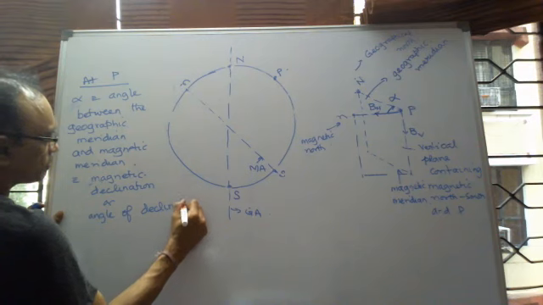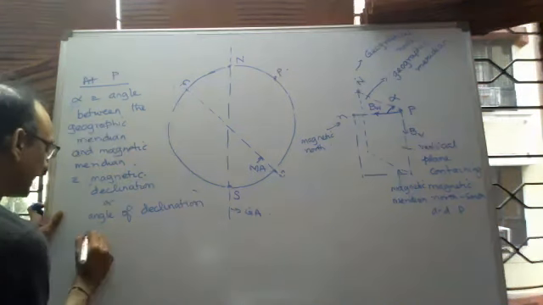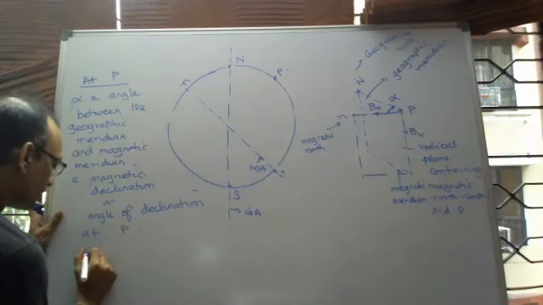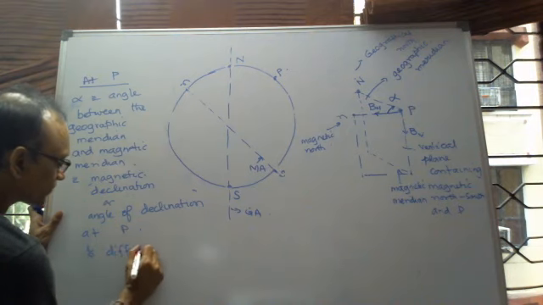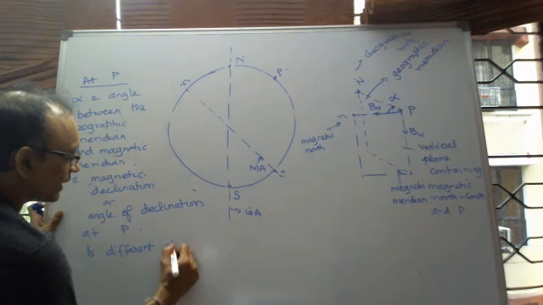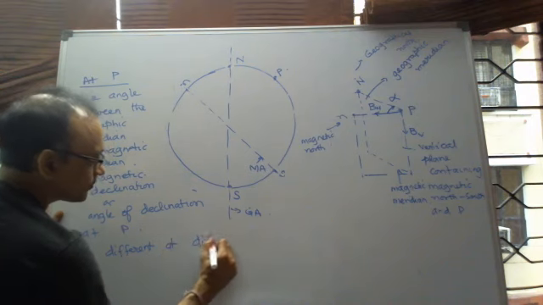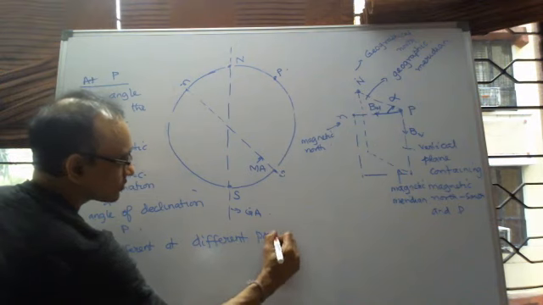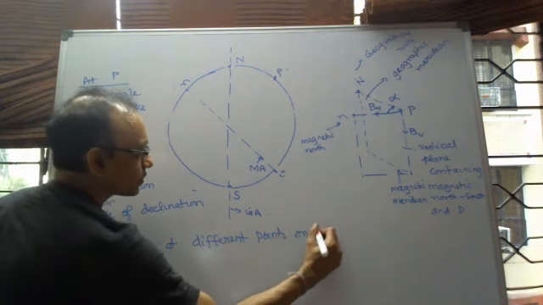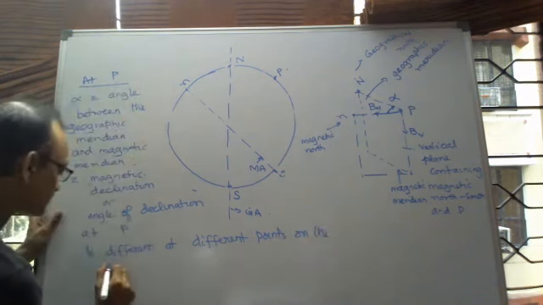Magnetic declination or angle of declination at P is different at different points on the surface.